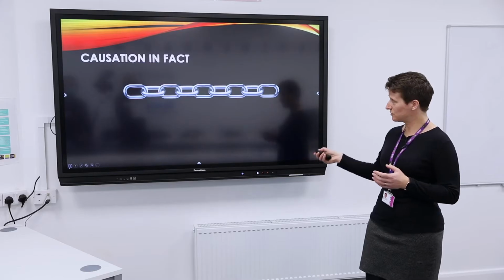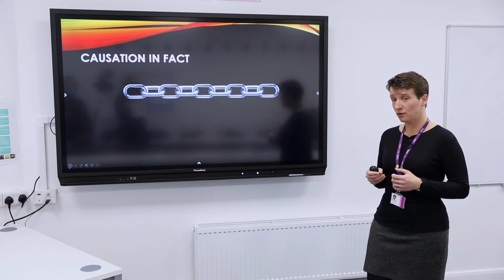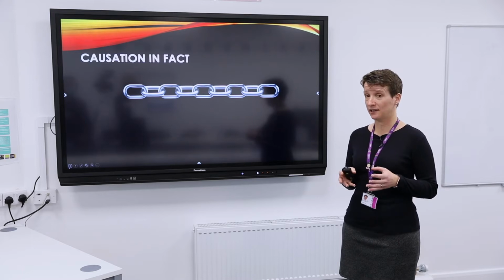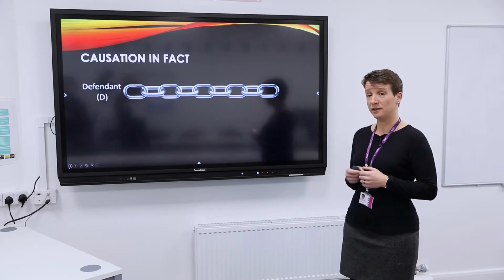Now there's a few abbreviations that I need to explain to you. When we're discussing causation in fact, teachers usually illustrate it through use of a chain. So as you can see on the screen here, we have a chain. And each one of the links in that chain represents an event in the case, so something that's happened in that case. And the chain of causation always begins with the defendant.